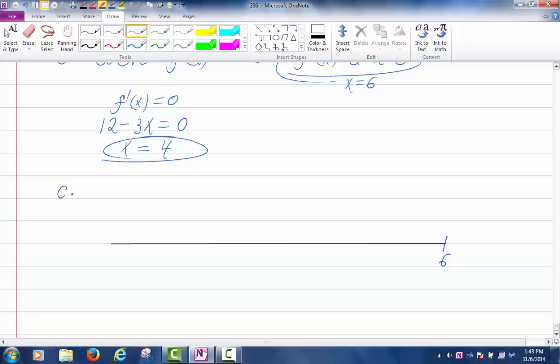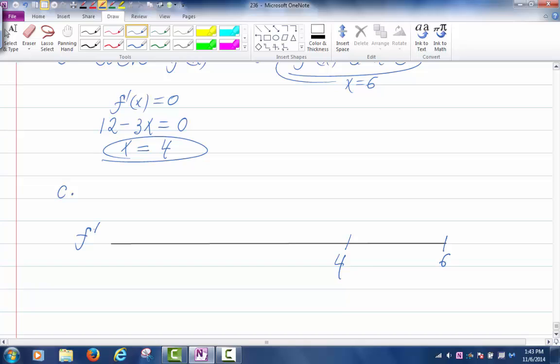And then I'm going to plug in the critical points, which are the interior points of the domain. So we know that the only one is 4, right? 4 is the only critical point. We also know that the derivative doesn't exist at 6, but 6 is already considered, so I don't have to. It's already plotted as the endpoint. So now I have two subintervals of the domain, right? Two parts of the domain. On each part, I have to determine the sign of the derivative function.